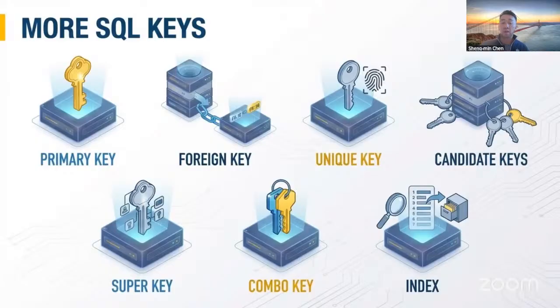So that's called a combo key. Candidate keys means that any keys within the combo key are candidate keys. Any key individually, or any subset of the combo key set. If you're thinking about set theory in math, any subset of the set.